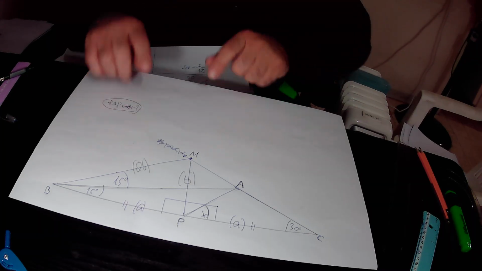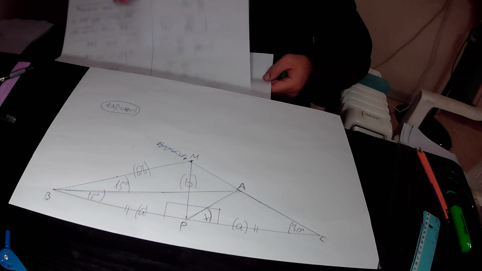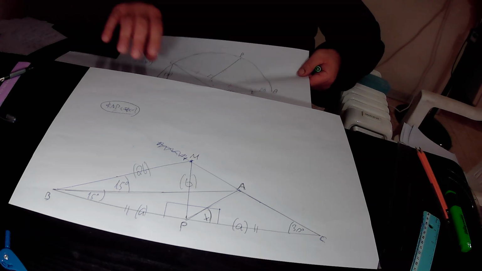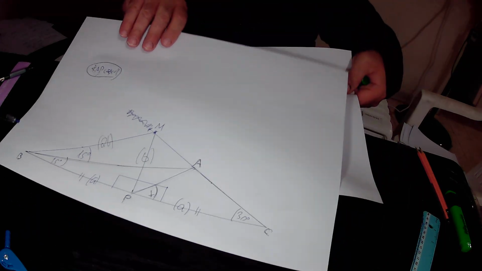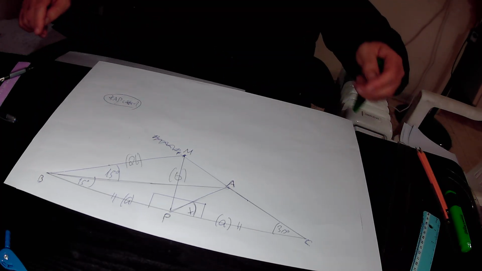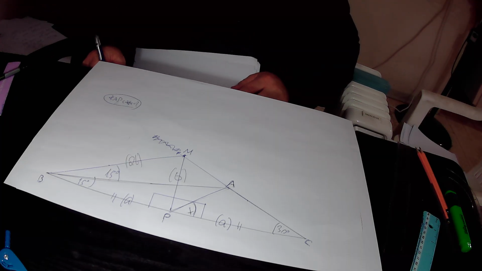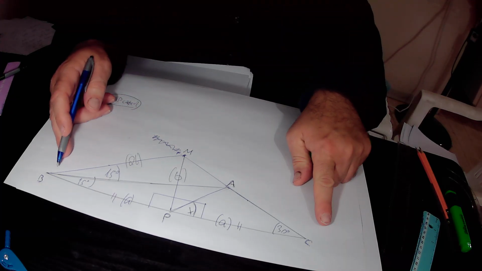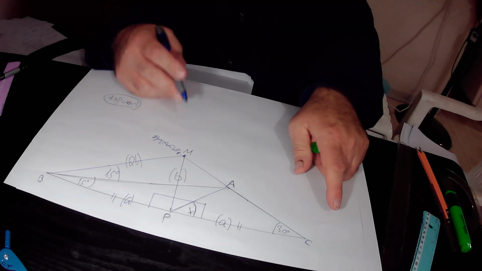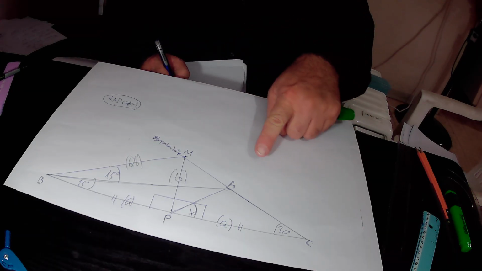MB equals 2B, so we substitute MB by 2B, over BC. BC equals A plus 8, that is 2A. And it equals MA over AC.